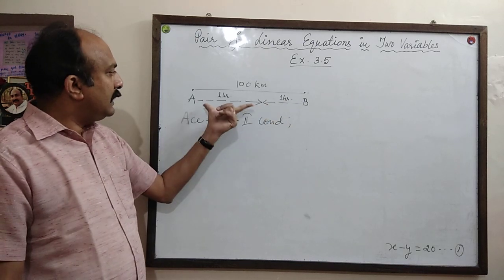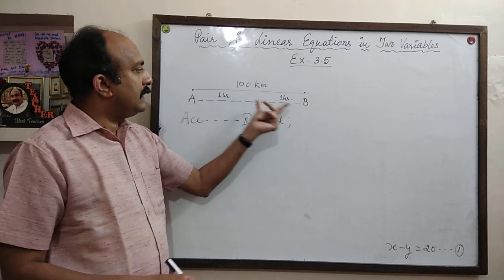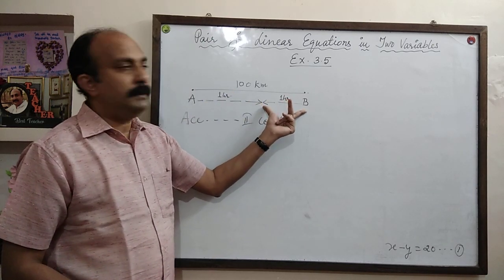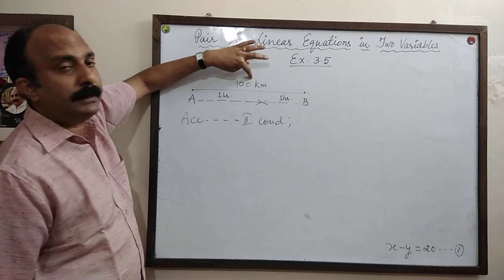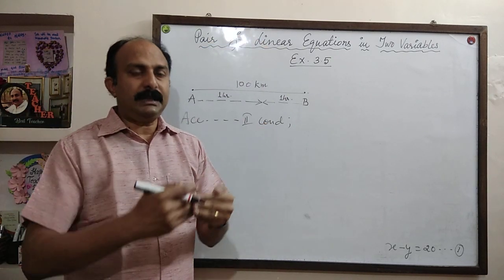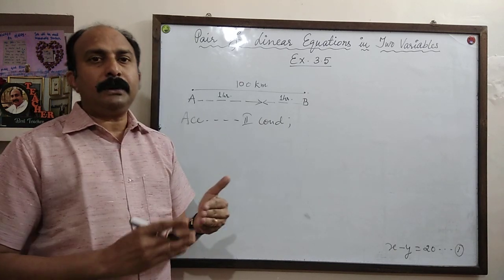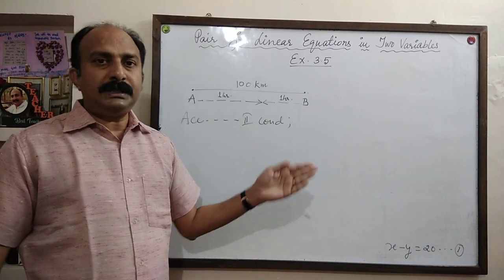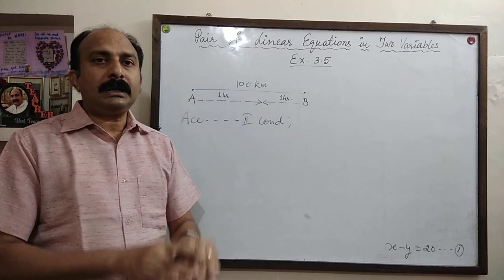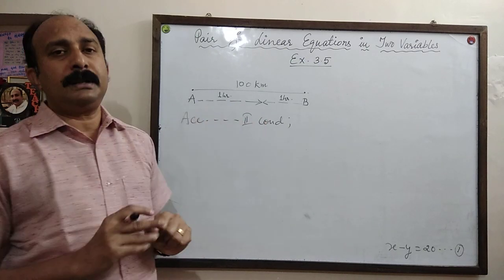This time, distance travelled by car A plus distance travelled by car B is equal to 100. Because when they are travelling towards each other and wherever they meet at that particular time, the total distance travelled by both the cars together will be equal to total distance, that is 100.